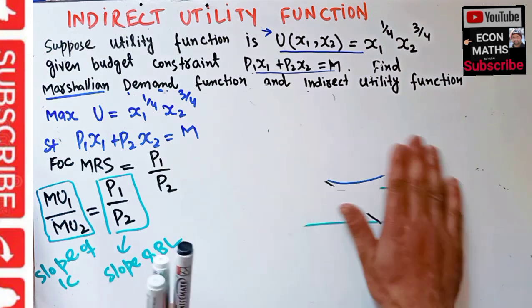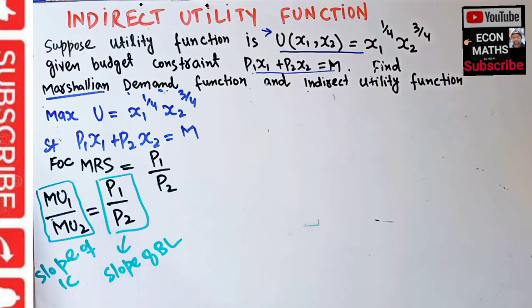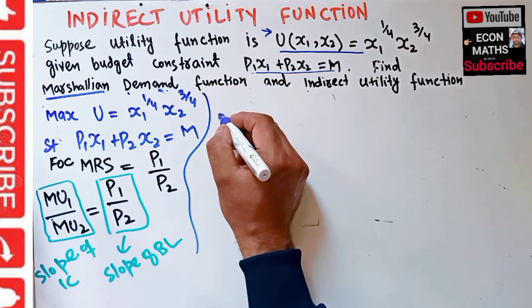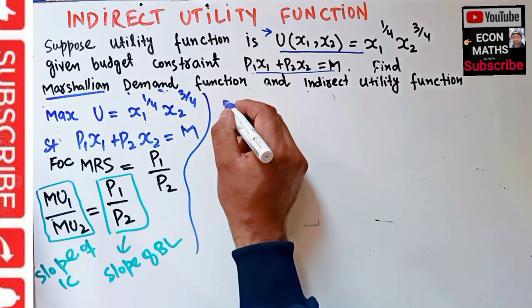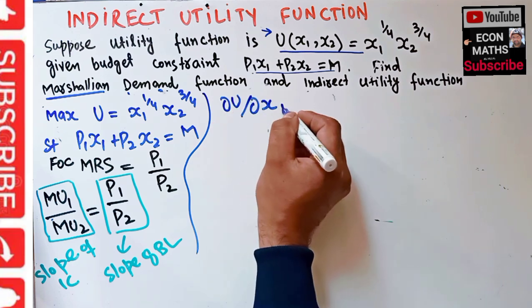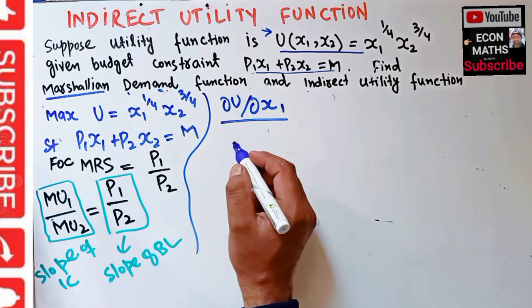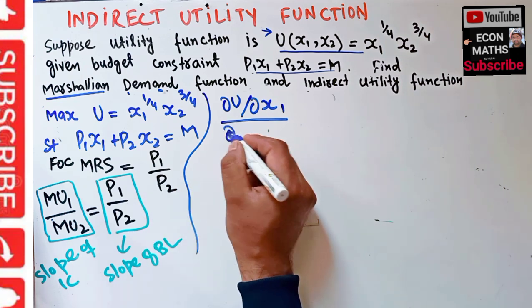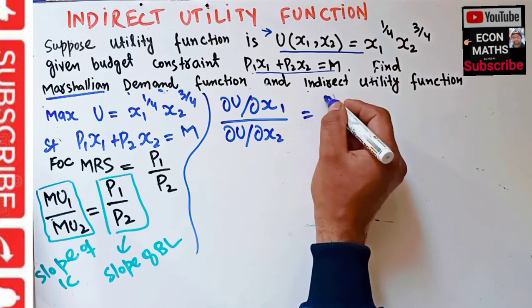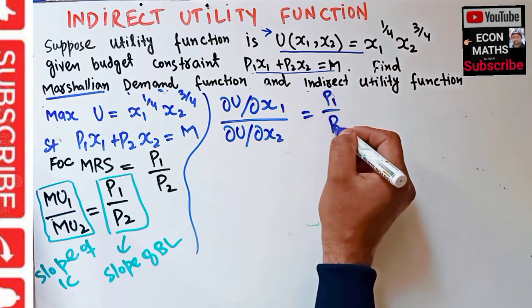Let me rub this out now. MU1 means simply the partial derivative of the utility function with respect to good x1, and MU2, the marginal utility of good 2, is simply the partial derivative of the utility function with respect to good x2. It should be equal to the ratio of the prices p1 upon p2.